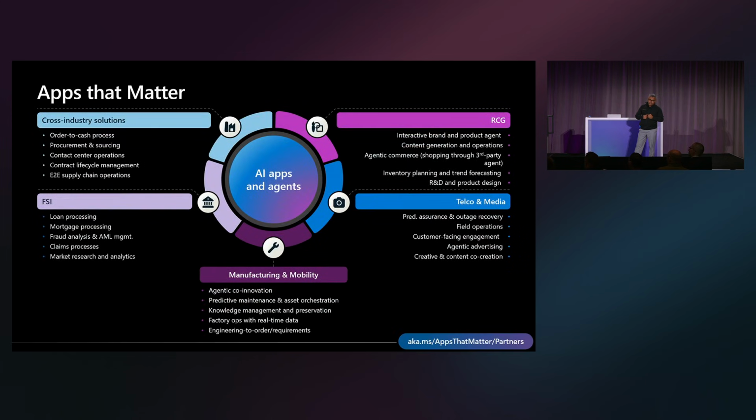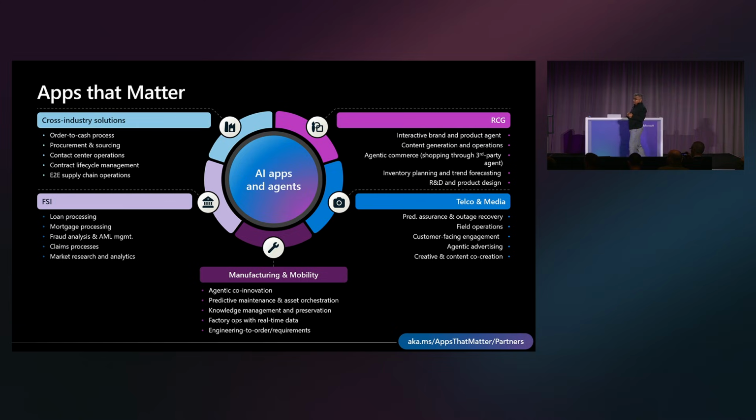So the first one, as I was referring to, is this concept of apps that matter, which are patterns that we have seen repeated over time and pivoted not to just what's meaningful for that customer, but what is core to that customer's industry, right? That lends itself to transformation. And we've started off with a core pack of these.